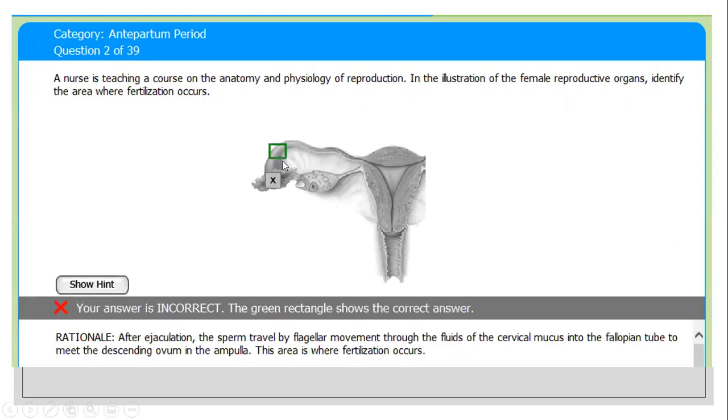The correct answer is this one, right? This area is called the fimbria. This is the ampulla, right?